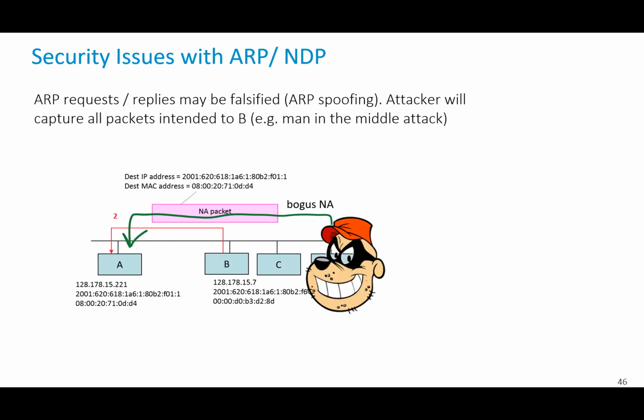And if this bad guy has a very powerful and very fast processor, perhaps they will receive it before you and will respond with their MAC address. So we will have a good way of capturing traffic. So that's the problem. Now, ARP and NDP are not secured in this way, so it is true, and this will happen.